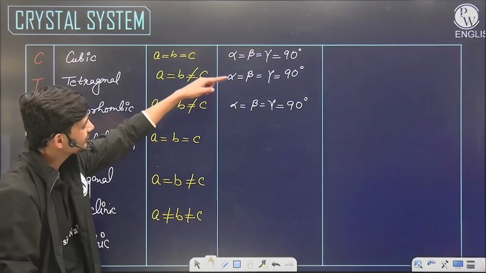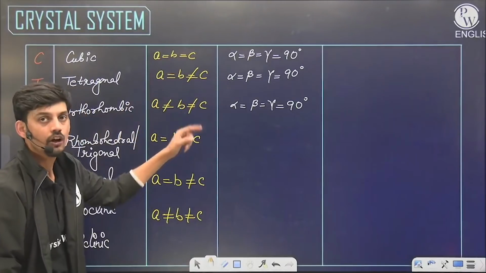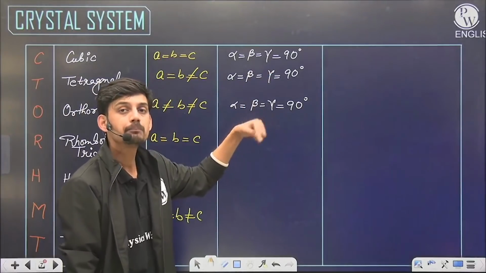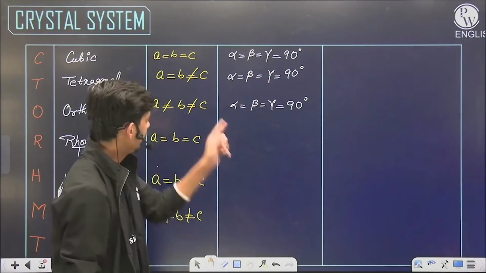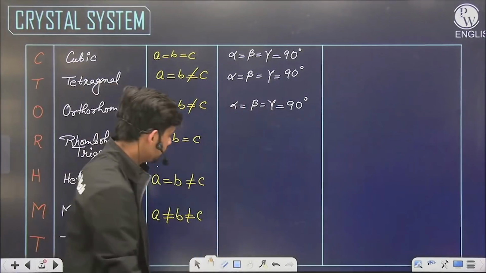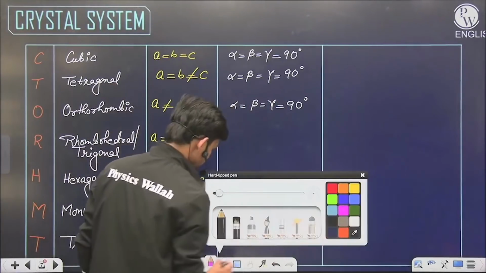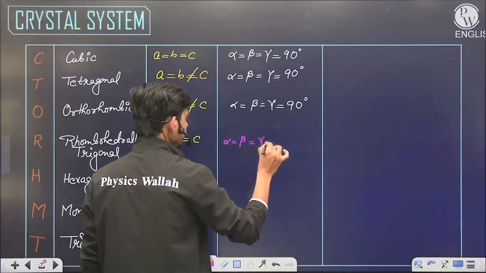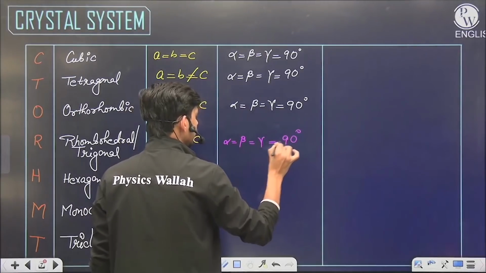Now we have to do the same thing which we did for the edges. One not-equal sign is increased in every step, but the previous sign will be removed. Here the previous sign was carried forward, but here the previous sign will be removed. How? Let's see. Alpha, beta, gamma equal to 90, but this will become not equal.